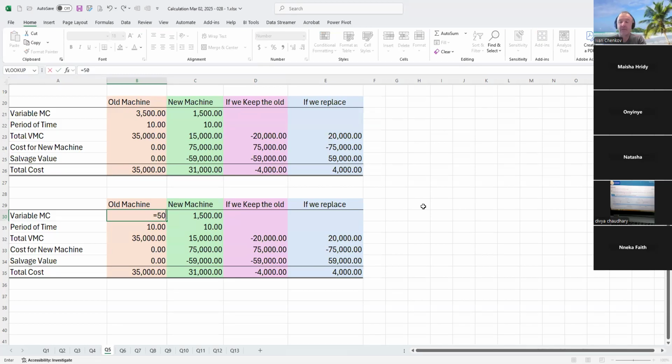Now $50 times 12 months, that's 600 per year. Over 10 years, that's too much. Let's go with $30 per month. That's over 10 years $3,600, correct?